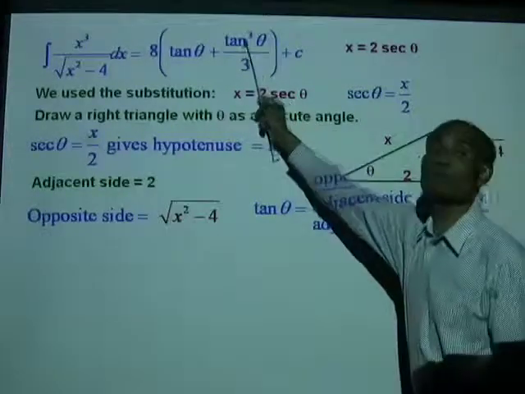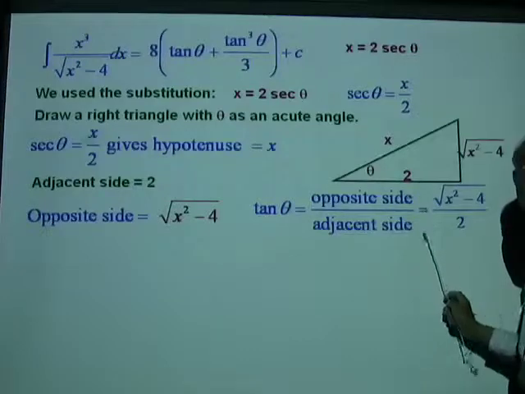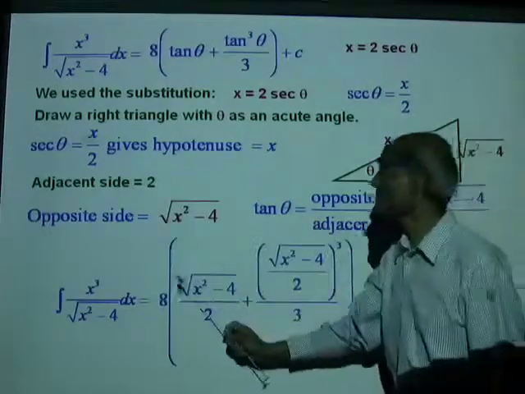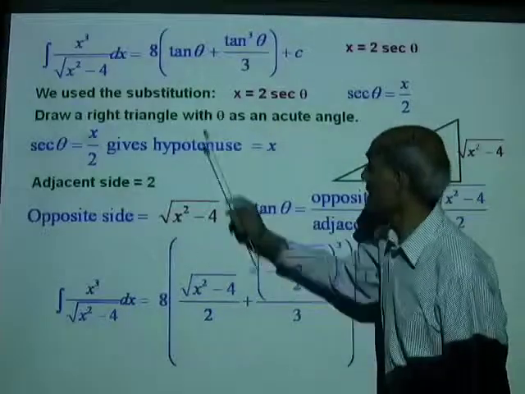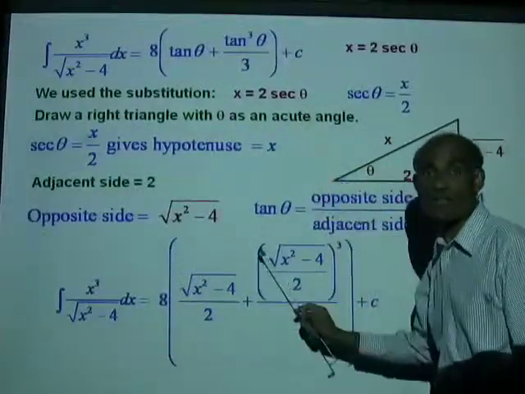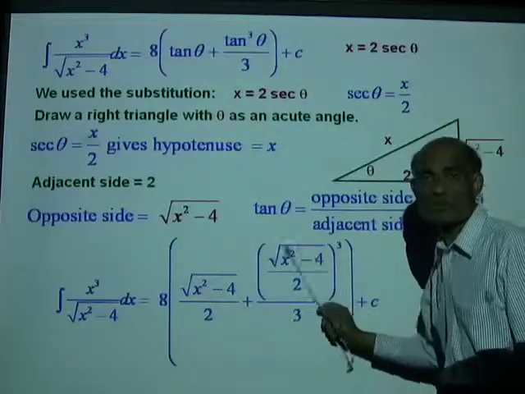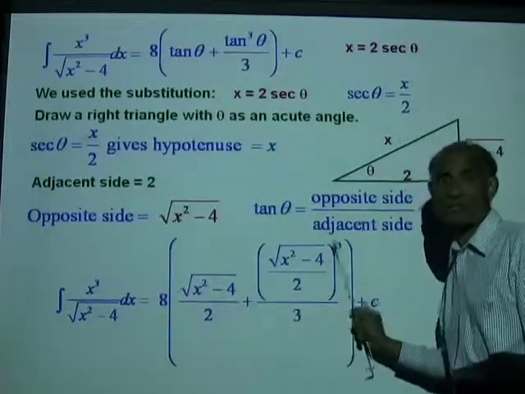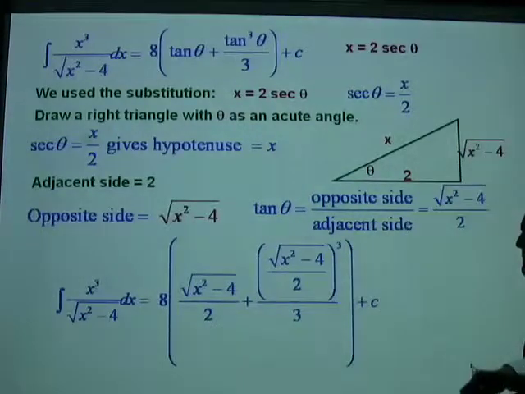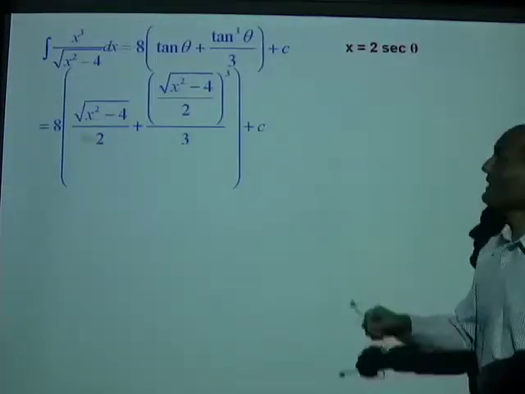And tan cube theta will be raised the whole thing to the power 3. So we have tan theta, that is this, plus tan cube theta, you raise the quantity tan theta to the power 3. Alright, how do we simplify this? Let's simplify this.